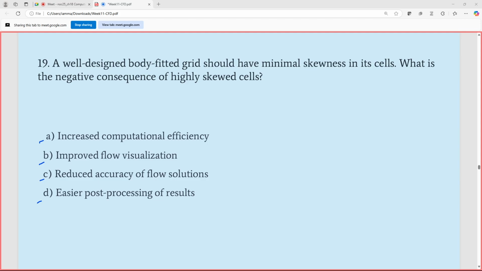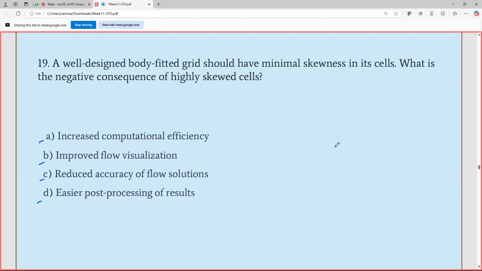The options themselves are indicative. The question is asking for a negative consequence. If you compare the options, three out of the four are giving positive statements: increased efficiency, improved, and easier. All these are positive terms. From that itself we can easily find the answer.